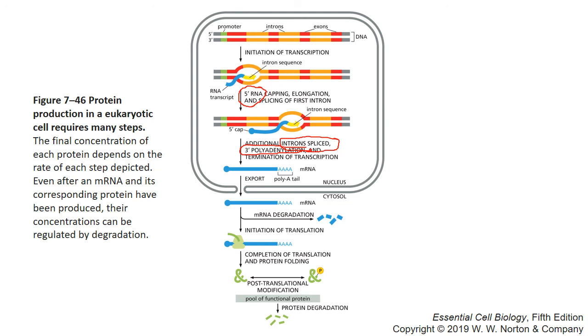Once that was all done, we went into the cytosol, which obviously is the liquid within the cytoplasm. And there we once again did initiation, elongation, and termination, but this time in the name of translation.